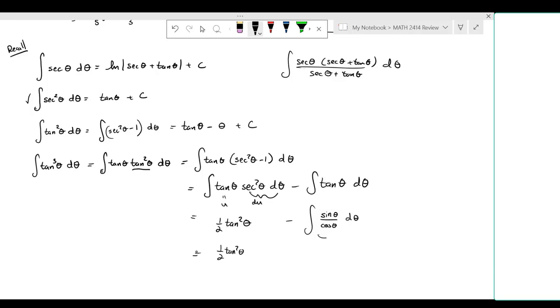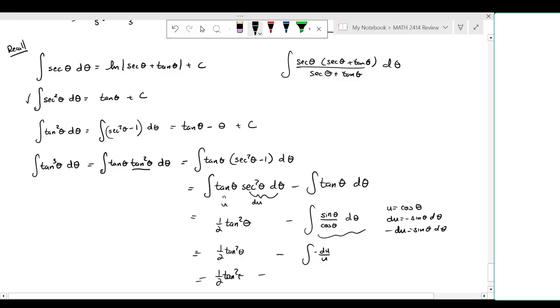This integral suggests a substitution where you use cosine. So du would be negative sine. So you'll get minus du over u. That becomes minus and negative is plus, and then you get log of u.